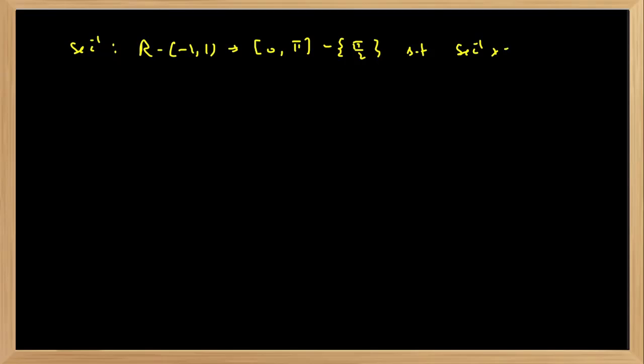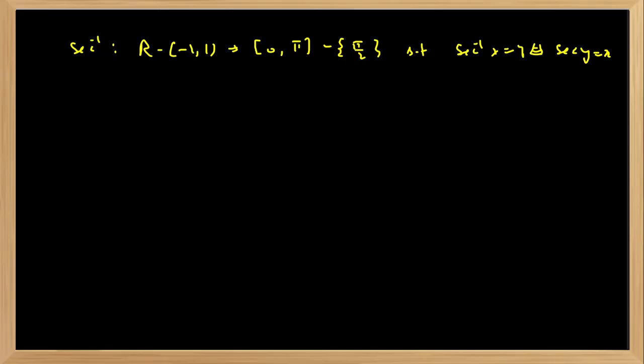So we can say sec inverse is a function from the range of sec, so its domain becomes R minus the open interval minus 1 to 1, to 0 to pi excluding pi by 2, such that sec inverse of x is y if and only if sec y is equal to x.